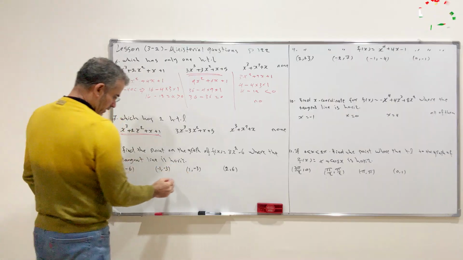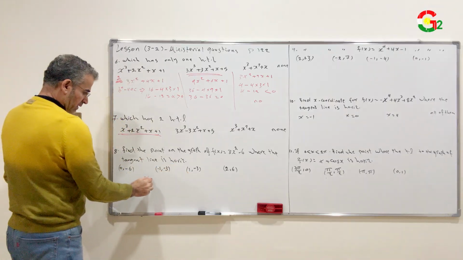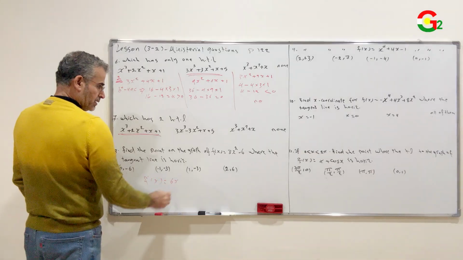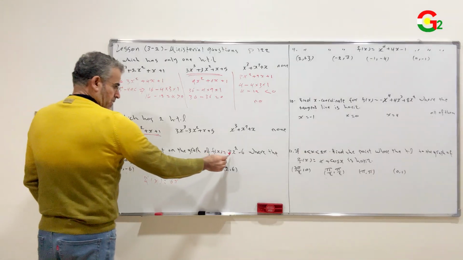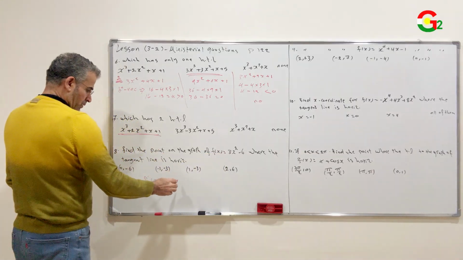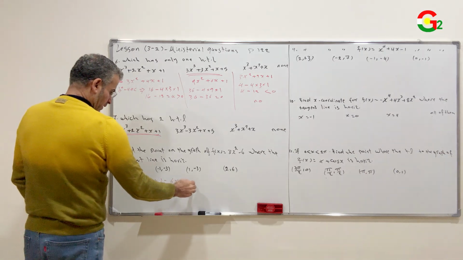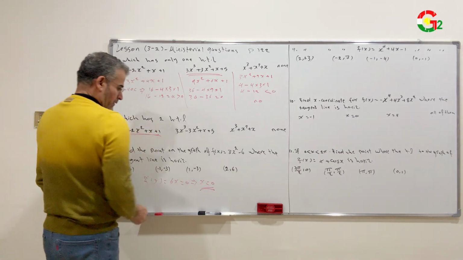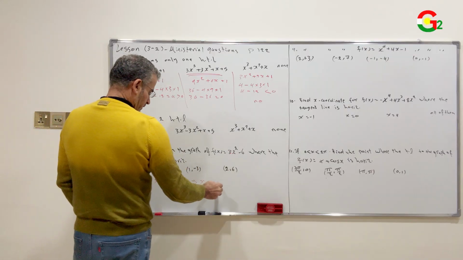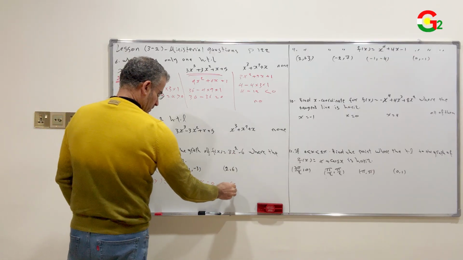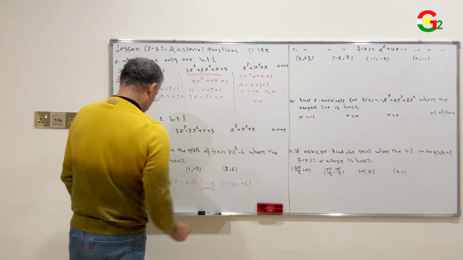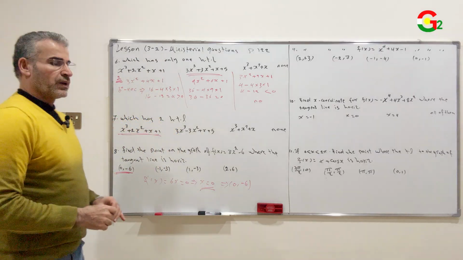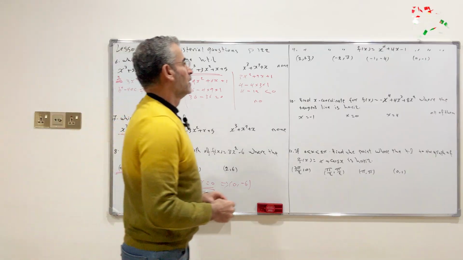To find the point, find the derivative of this function, f prime of x, 6x minus 0. Set it to 0 and find the value of x. The value of x is 0. Find the y coordinate, negative 6. The point (0, negative 6) is the needed point where the tangent line is horizontal.